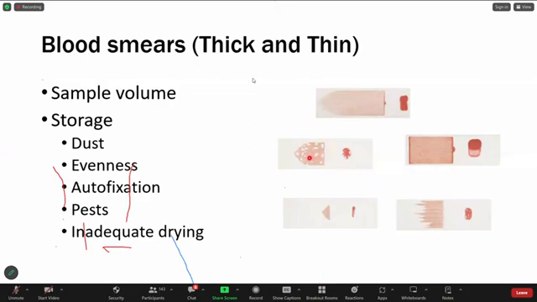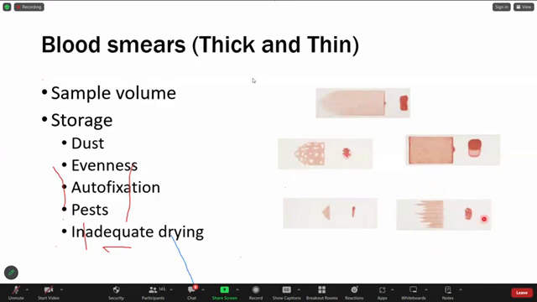The thin film has patches, even the thick film has patches. This same thing happens when you have kept your smear where there are pests. The cockroaches and the ants like feeding on blood, so that the smear dries with patches.